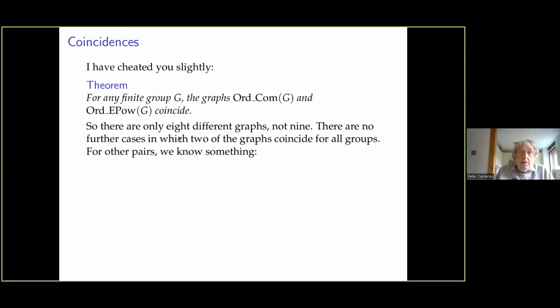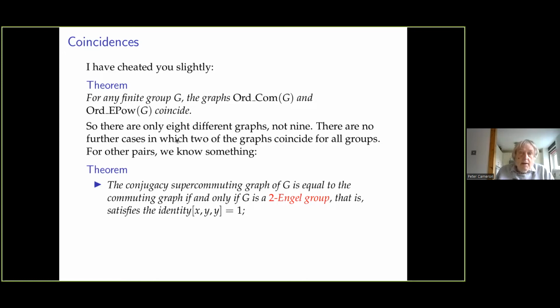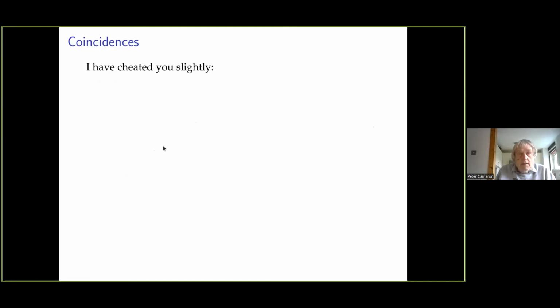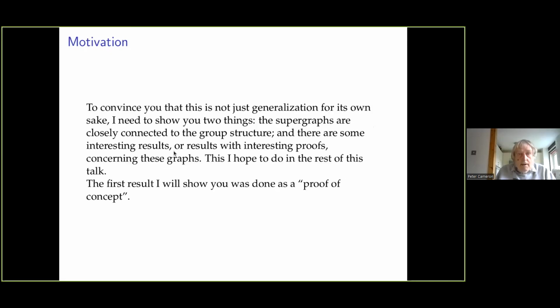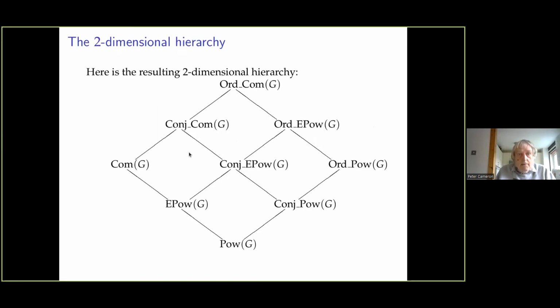But we do know something in the other cases. You could ask the same question that we asked about the original hierarchy. If we go back to the picture, take two of the graphs in this picture and ask, what can you say about groups for which those two graphs are equal?